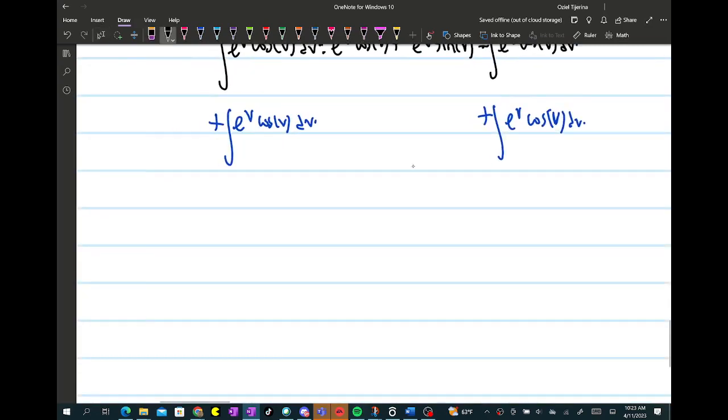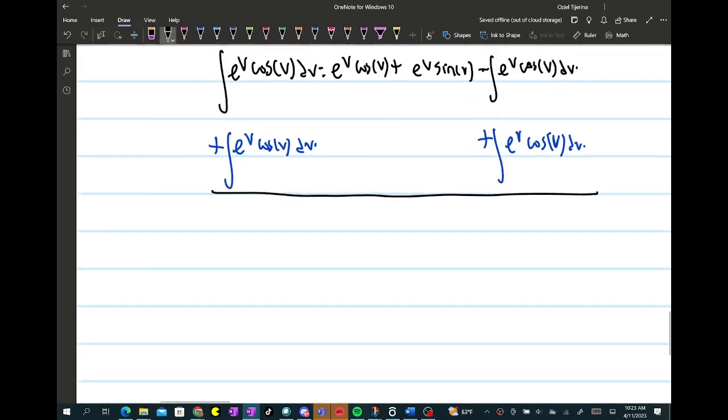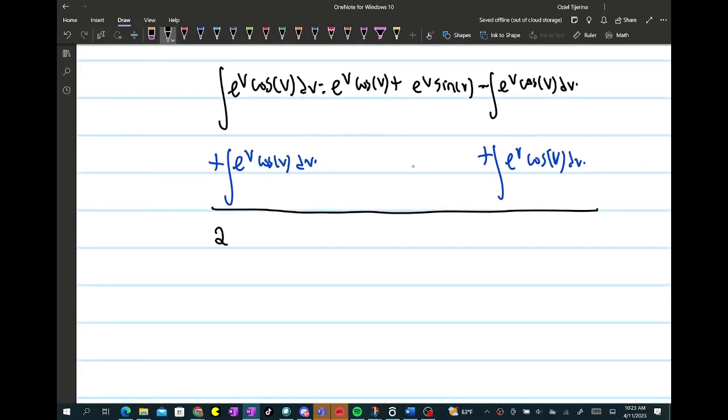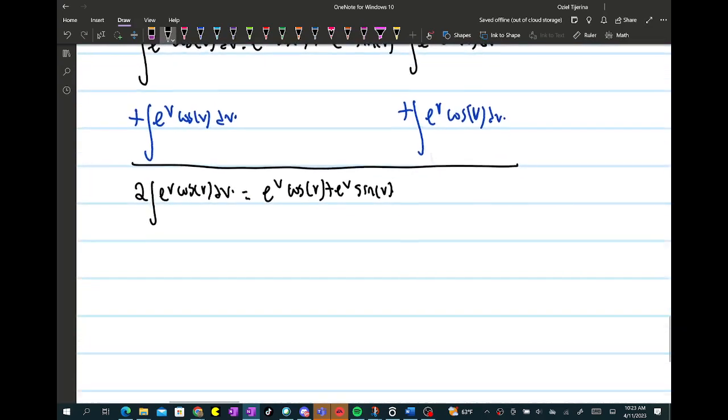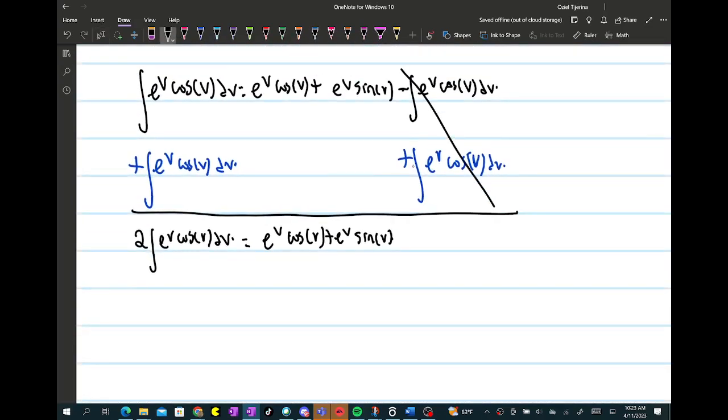So we're going to have 2 times the integral of e to the v cosine of v dv equal to e to the v cosine of v plus e to the v sine of v. Now, these two are going to cancel out, obviously.